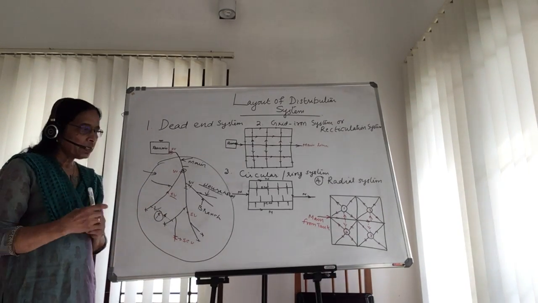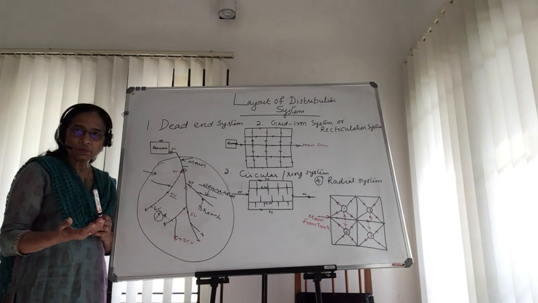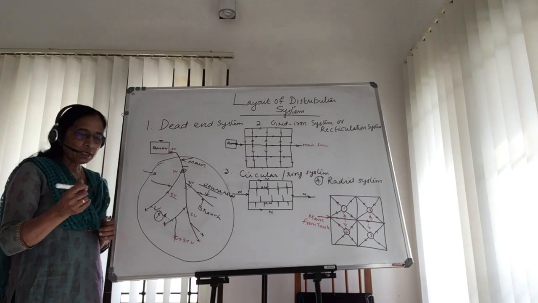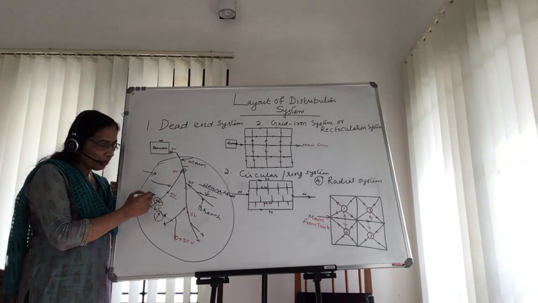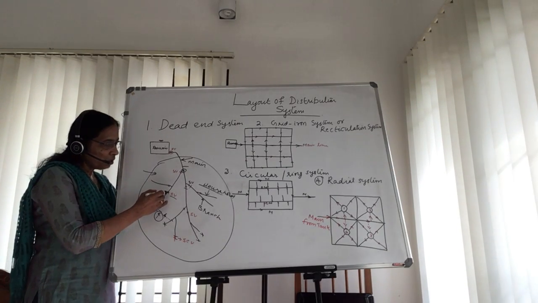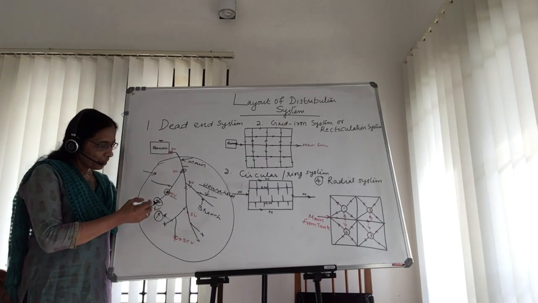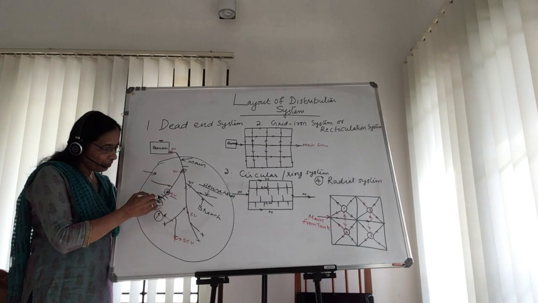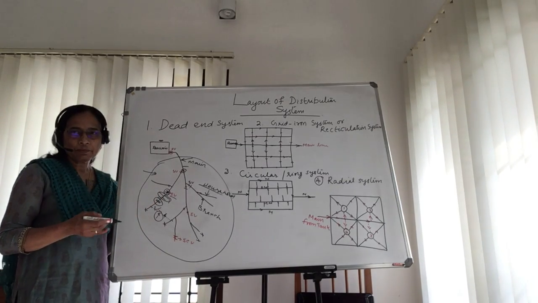What is the disadvantage? The disadvantage is you have to have a number of sluice valves, and if there is some breakdown in this line, if there is some breakdown here, you want to repair this particular point, then what you have to do? You have to close this valve, then all the houses in between this area will get interrupted, is it?